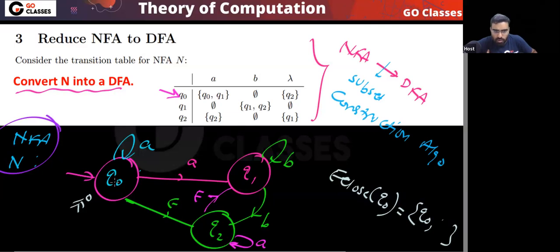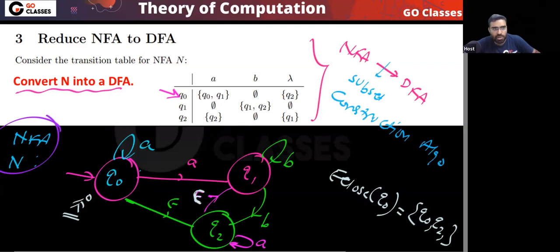You are in state Q0, so for free you can stay in Q0. Without reading any alphabet symbol, without reading A or B, you can go to Q2 also. And notice that you can go to Q1 also, because from Q2, without reading any symbol, you can go to Q1.